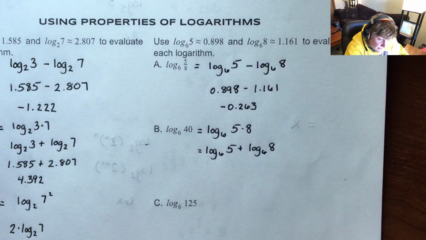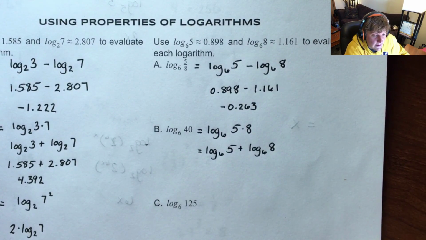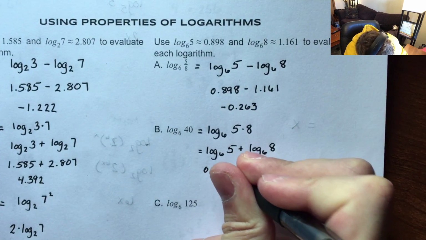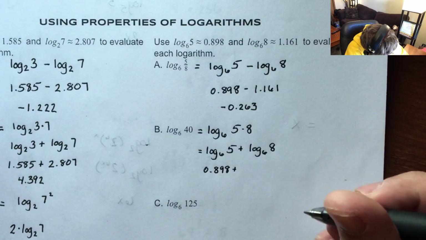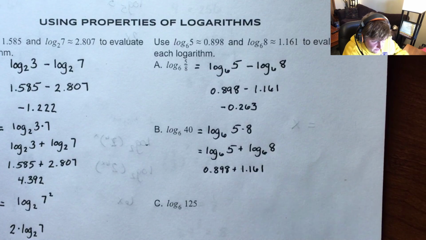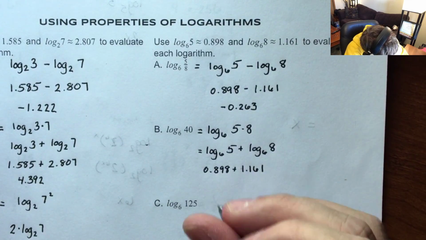Log base 6 of 5 is 0.898, and log base 6 of 8 is 1.161. Add those together: 0.898 plus 1.161 is 2.059.